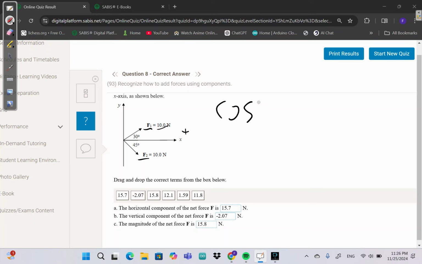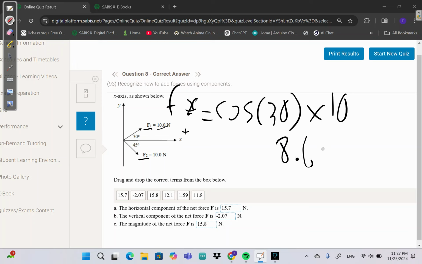So it's cosine of 30 times 10, which on the calculator gives us 8.66, which is basically 8.67.